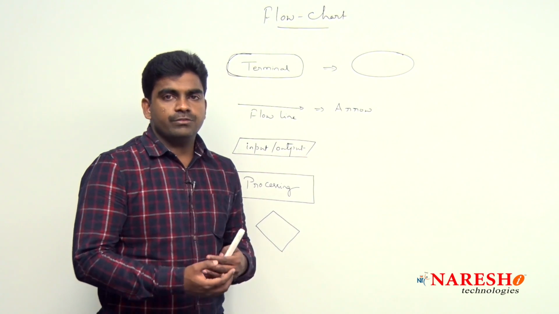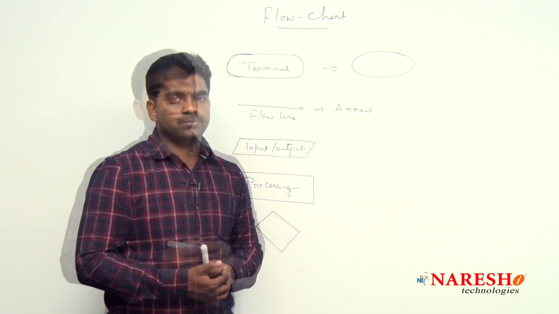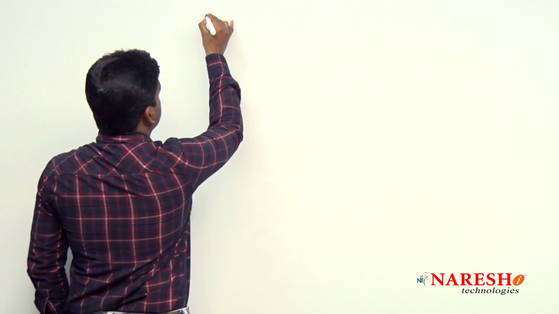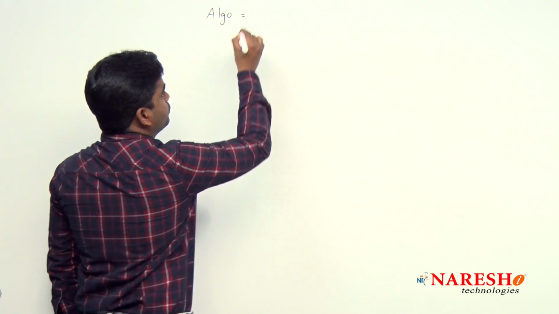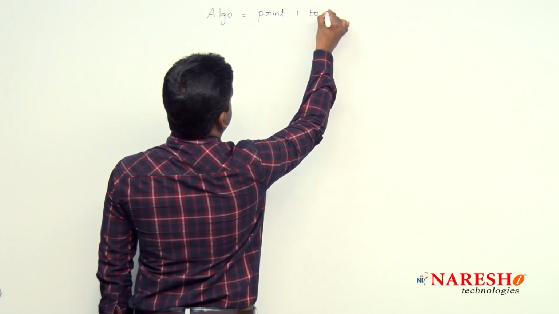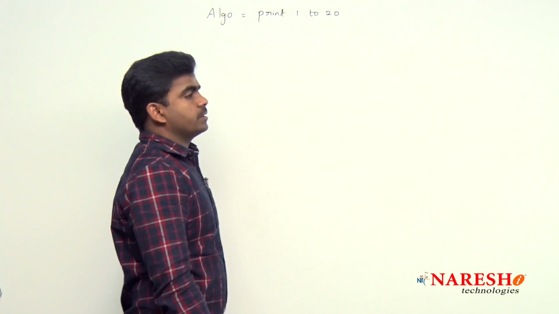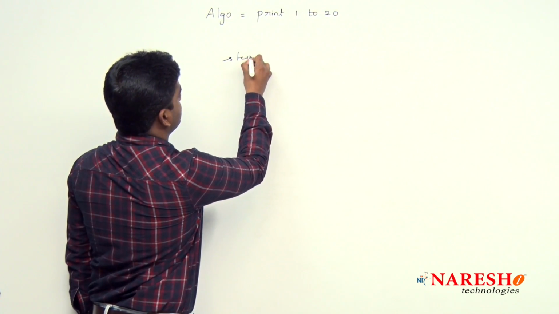So we will see how to write the flow for a simple problem that we have already seen in the algorithm. The algorithm we discussed in the last video is the algorithm we have written for printing 1 to 20, and the steps we have already written.